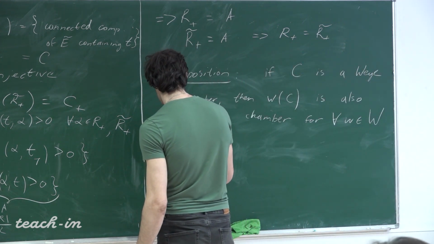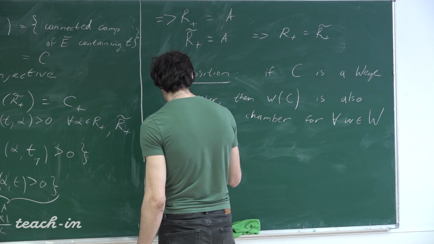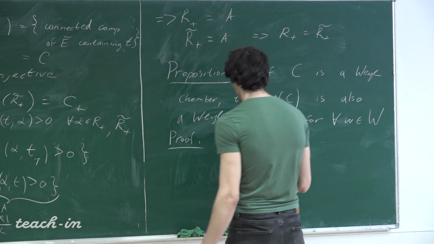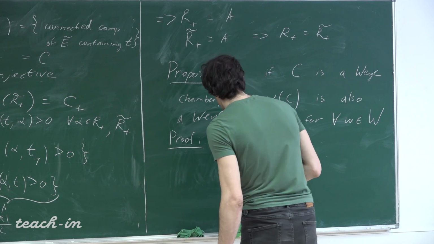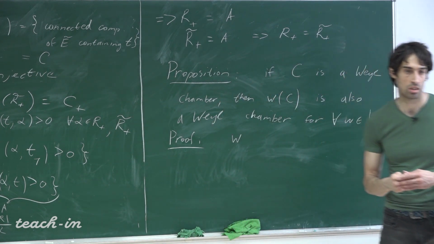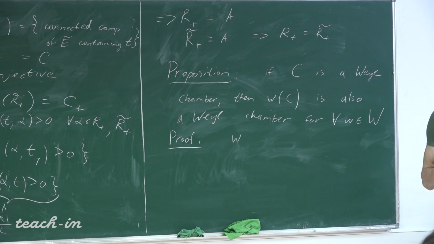Proof is elementary. So W is defined as something composed of reflections on E, right?